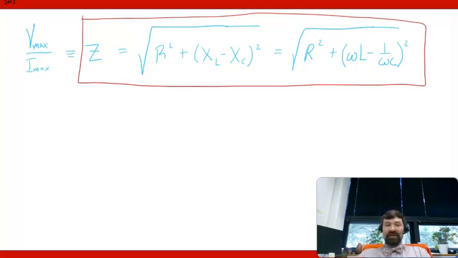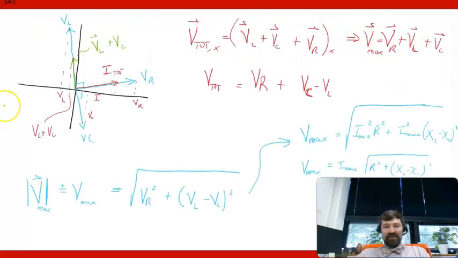Well, that's not quite right, because remember where these terms came from. They came from this equation in which I'm looking at voltage drops across stuff. If I don't have a capacitor, then I don't have any voltage drop across the capacitor. And so this equation actually just reduces to VR squared plus VL squared.